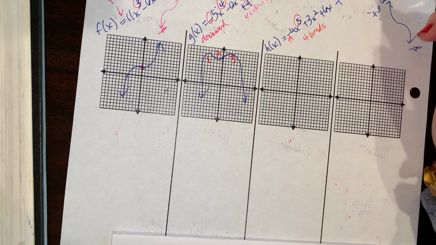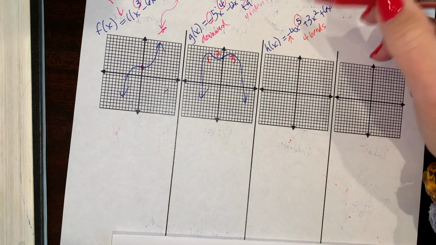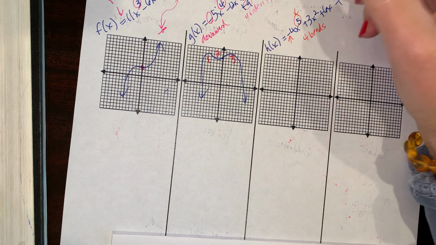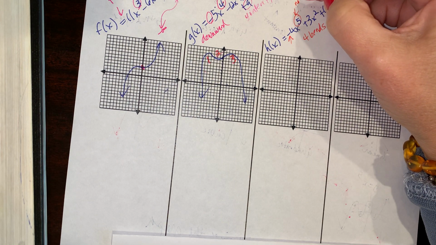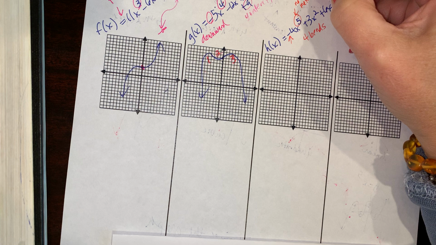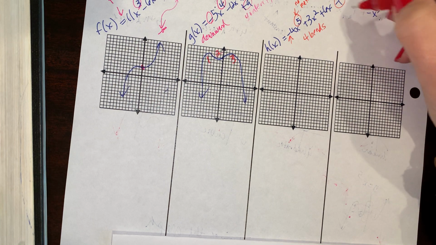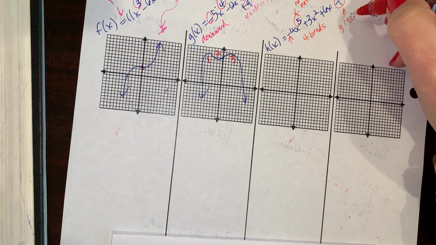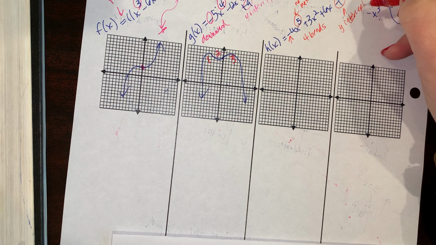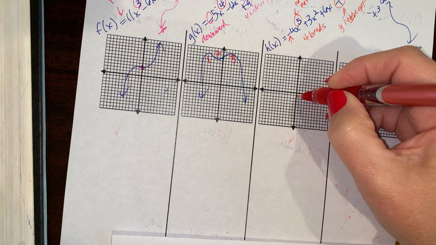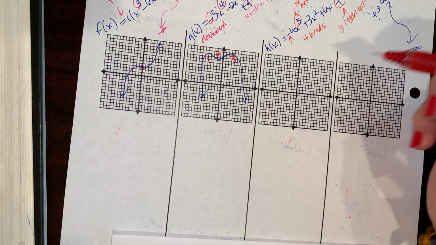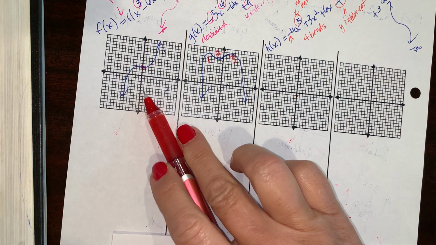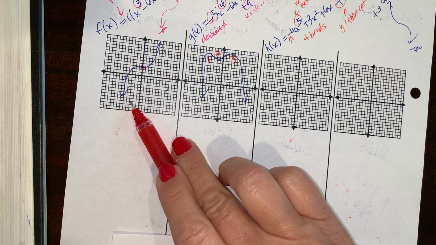I know that with it being a 5, my end behaviors are not going to match. And I know that my y-intercept is negative 1.